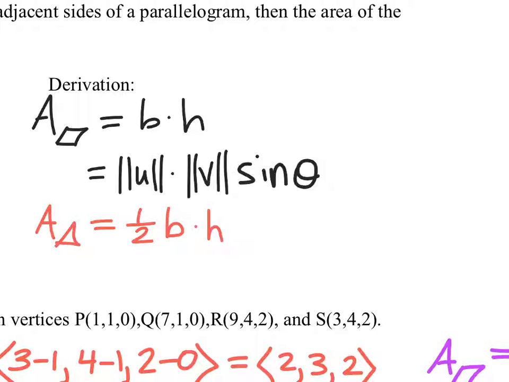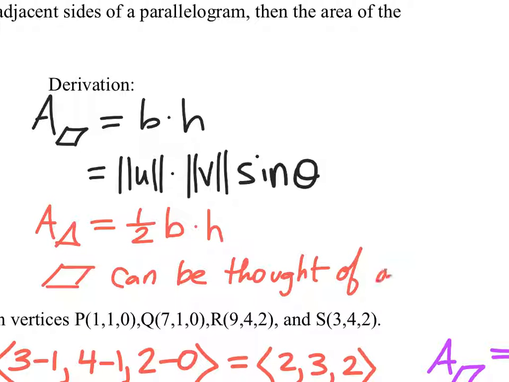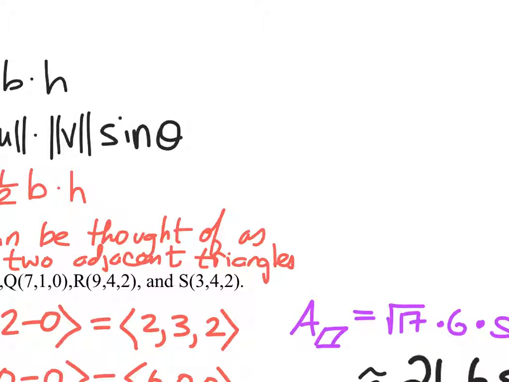So what that means is that a parallelogram can be thought of as 2 adjacent triangles. Now, those 2 triangles have to be congruent.